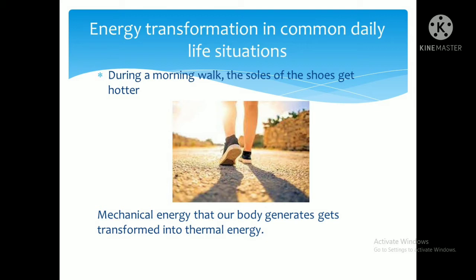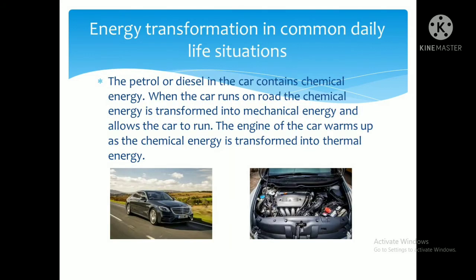Okay. Next example in front of you is the petrol and diesel in our car. Petrol and diesel in a car contain chemical energy. These are chemicals, a non-renewable resource in our environment. So it is used as chemical energy, and when the car runs on the road, what will happen?